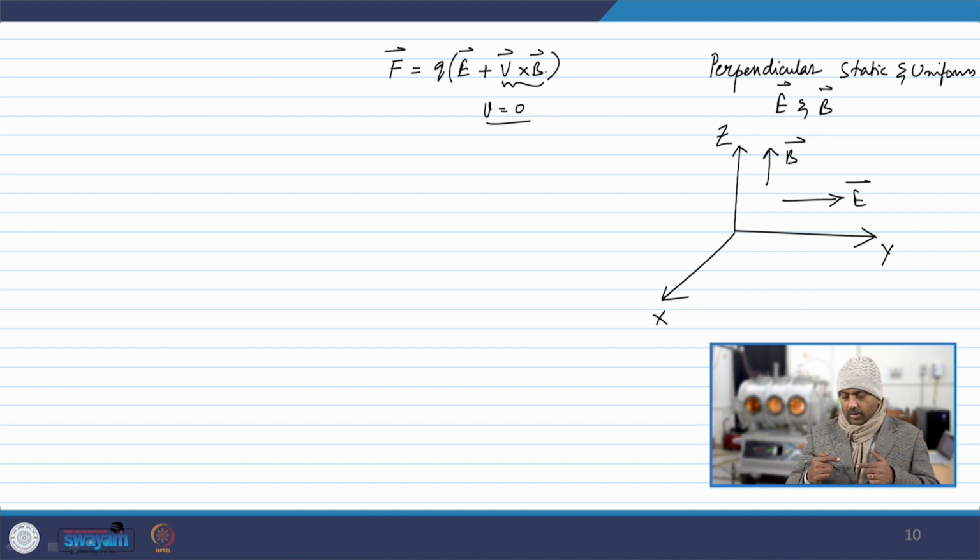That means, it will try to move the particle in a circular path, right. The moment it has some velocity, we are talking about the y directional velocity. So, obviously, the z and x directional velocities will be responsible for the circular motion. So, the magnetic field will try to move the particle in the side direction.